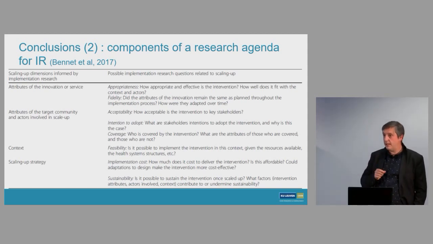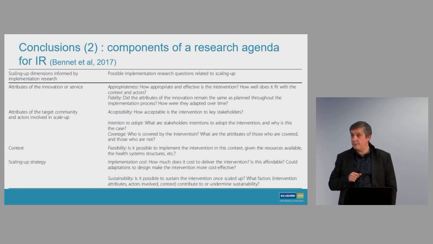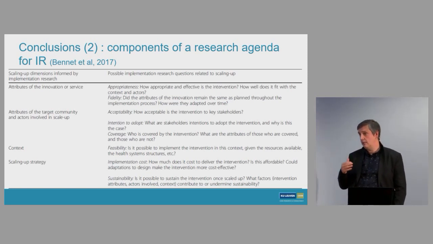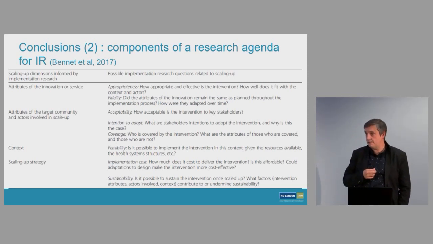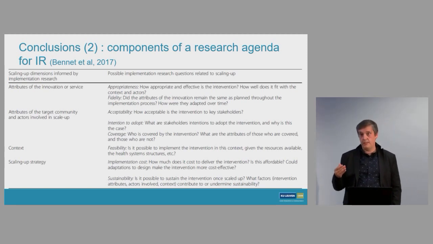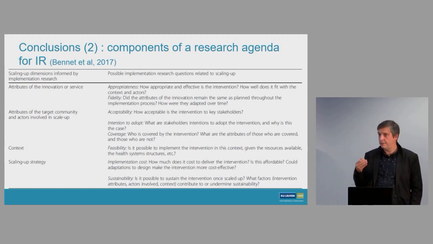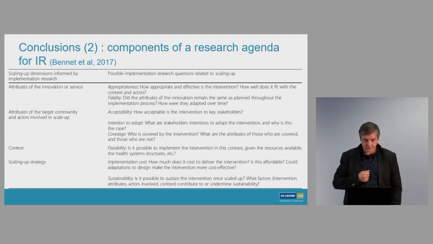If you want to study housing first in Belgium, let's see whether these projects stick to the model. Acceptability. Do the stakeholders accept the model? Like I mentioned earlier, for instance, in Antwerp, they are not really convinced that housing first is the best solution for homelessness.